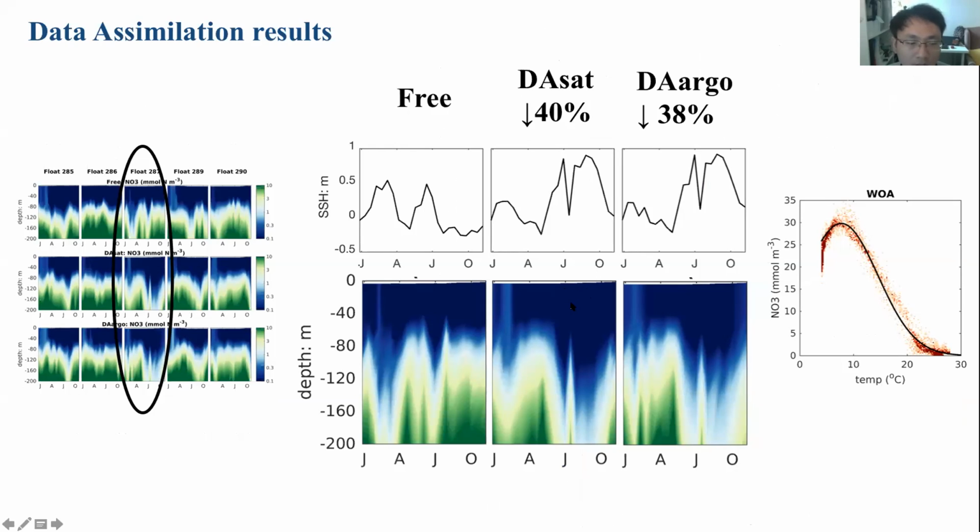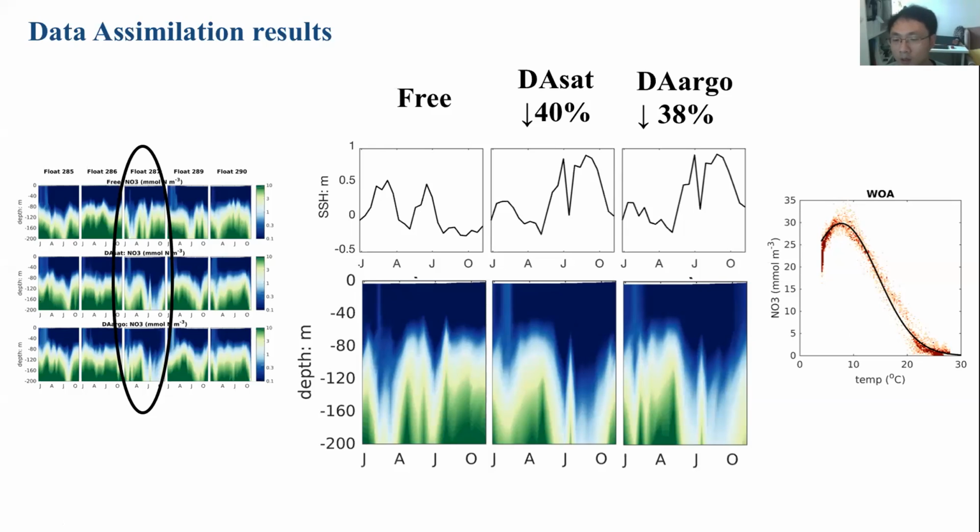So we also show the nitrate distributions following this float, and we can see within this loop current eddy, the data assimilation also depressed the nitrate contours. Although our BGC ARGO float didn't measure the nitrate distributions, we can estimate the nitrate based on its climatological relationship with the temperature. This climatological relationship is derived from the data collected in the Gulf of Mexico by the World Ocean Atlas.